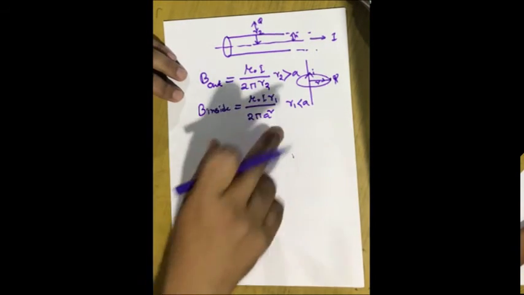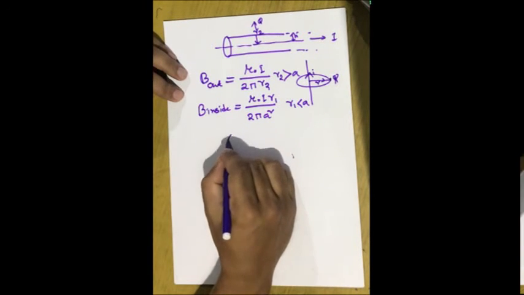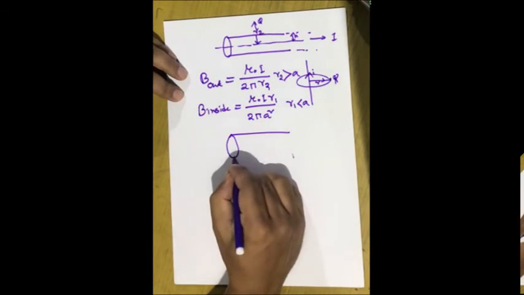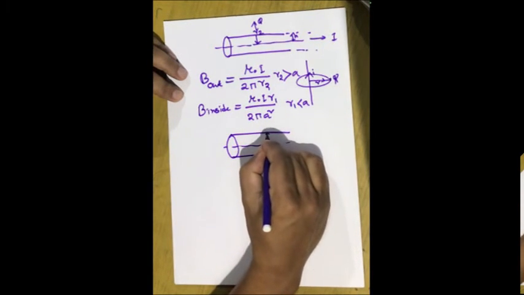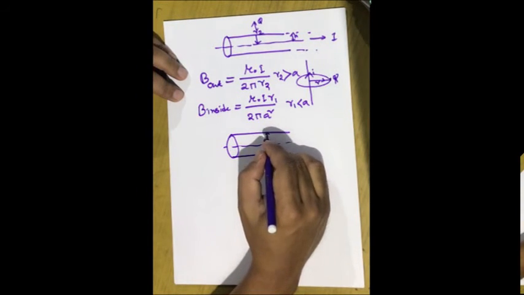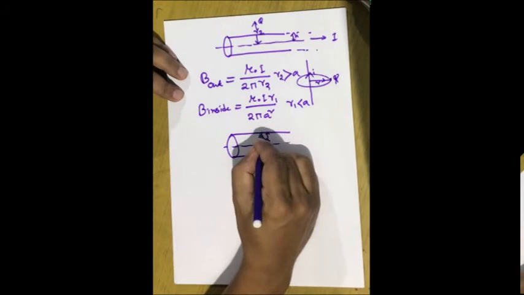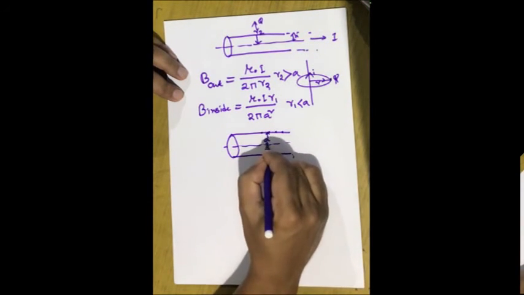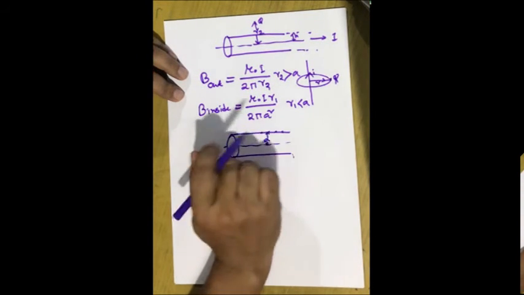So until here everything is fine. Now we are going to determine the magnetic field exactly on the surface of the wire. Surface of the wire means the distance from the center is equal to a, because the radius of the wire is a. So any point on the surface will be at a distance a from the axis of the wire.